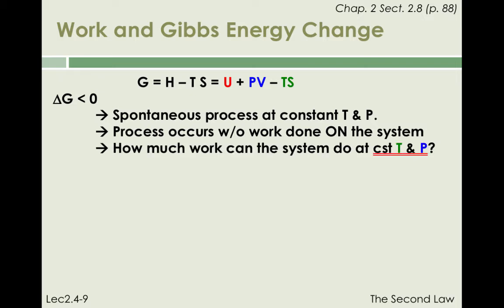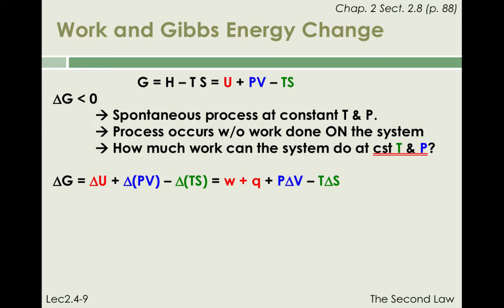Since the process is spontaneous, we ask how much work can be done by the system on the surroundings as a result of the process. To calculate the work, we need to focus on changes between the initial and final states of the system. Using the above expression of G, we express delta G as the change in U plus PV minus TS.